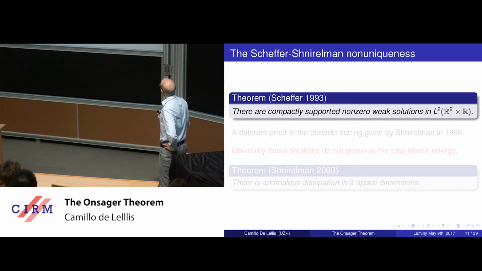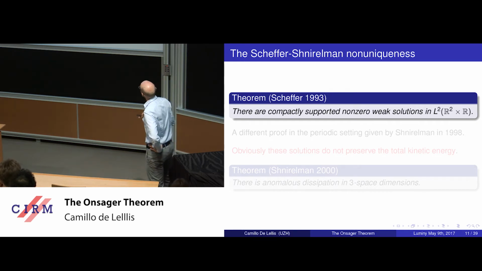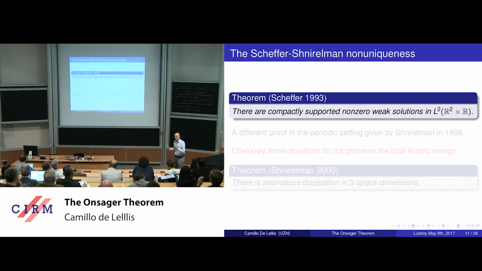He proved it in 2 dimensions, on the whole 2-dimensional space, not in the periodic setting. Anyway, he proved that there are compactly supported non-zero weak solutions, compactly supported in time. Of course they violate energy conservation, because if back in time they are equal to 0, energy conservation would tell you that they are always equal to 0.